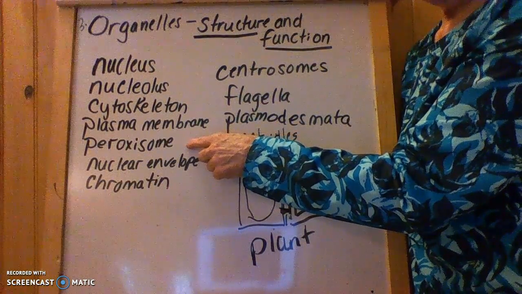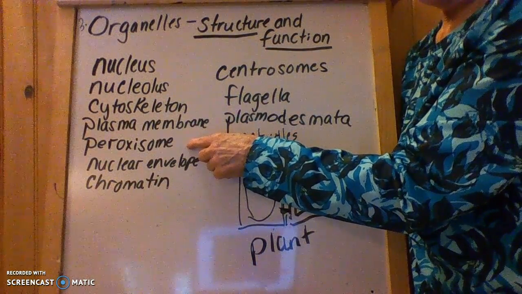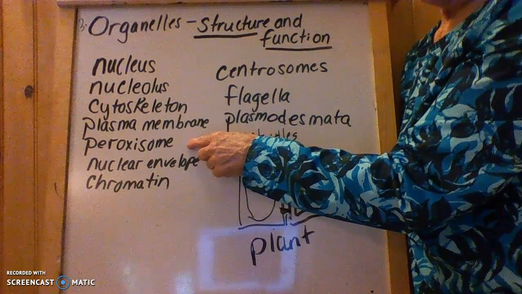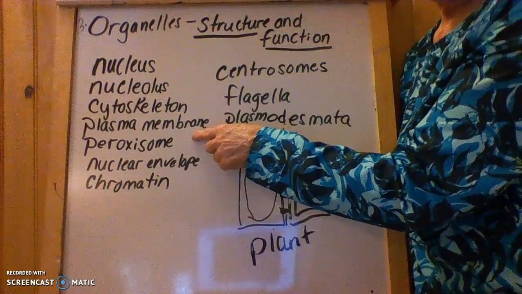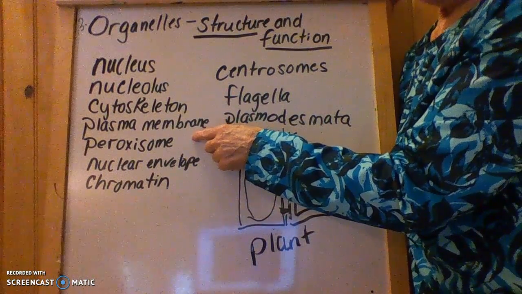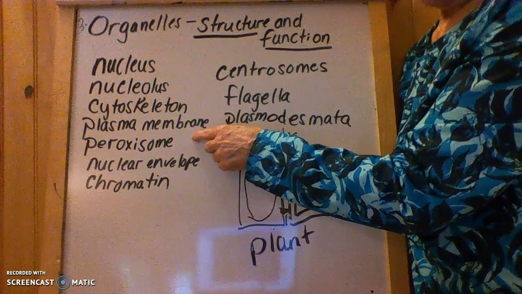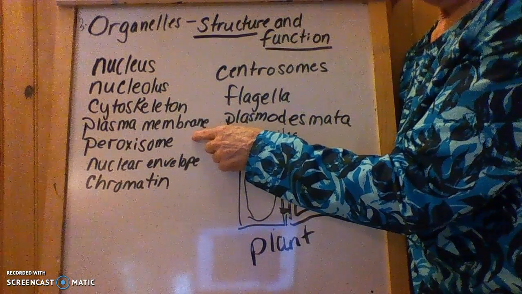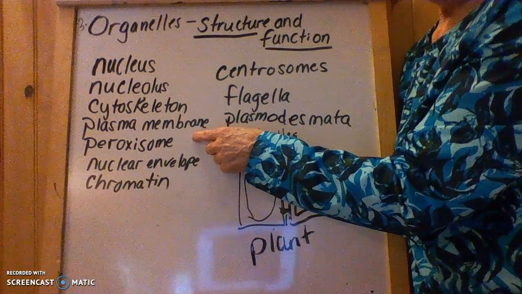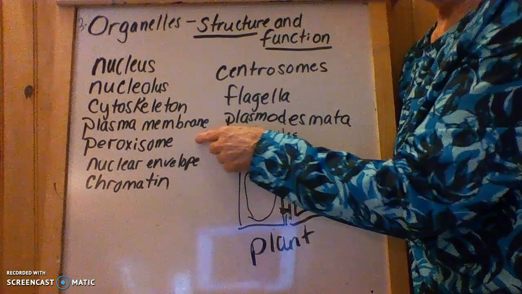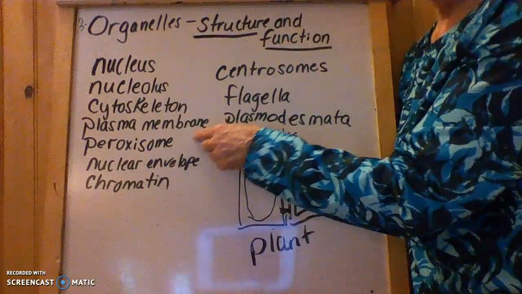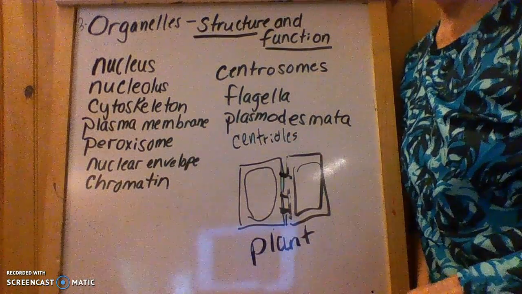Peroxisomes are an unusual organelle, and they make hydrogen peroxide as a byproduct, and it breaks down water. It is used when peroxisomes are used in cellular respiration. They are also used to break down fatty acids, and they are used inside the liver. We'll have quite a few peroxisomes in the liver to detoxify alcohol, especially if the person is an alcoholic. They would have developed an enormous amount of peroxisomes within those cells.